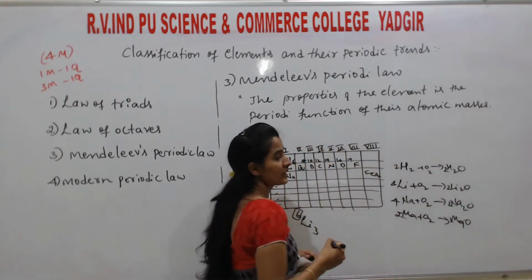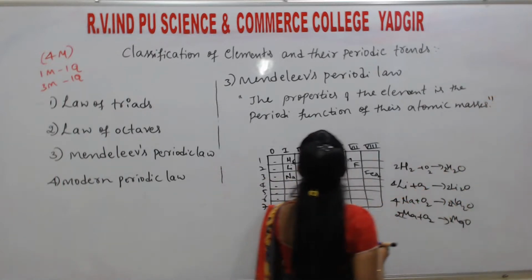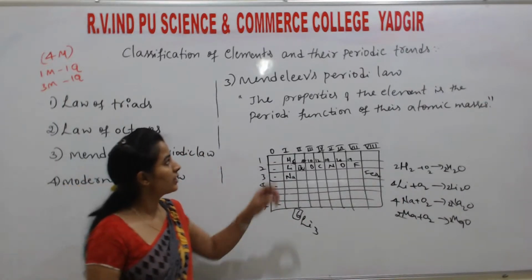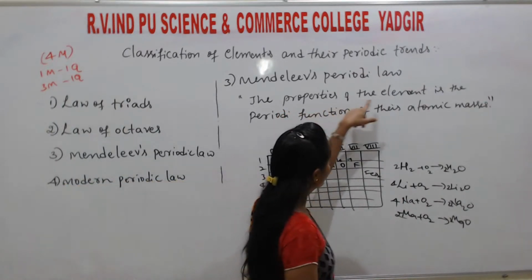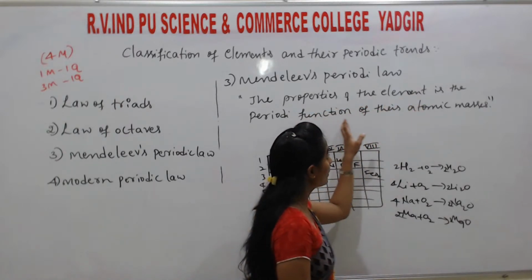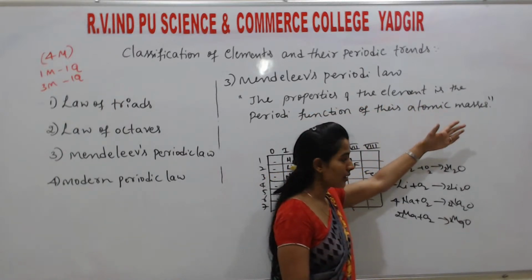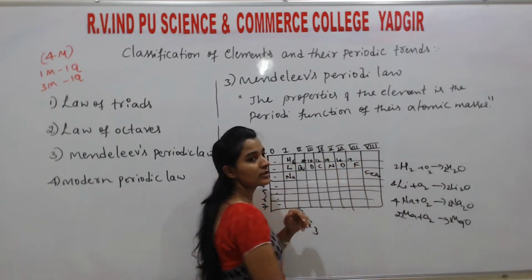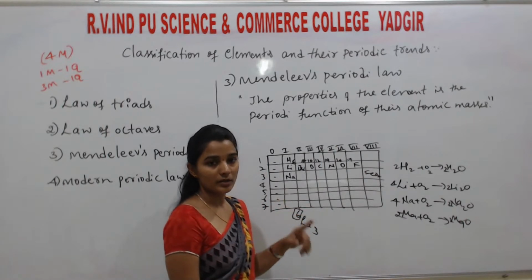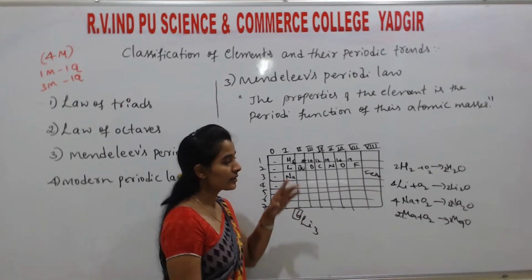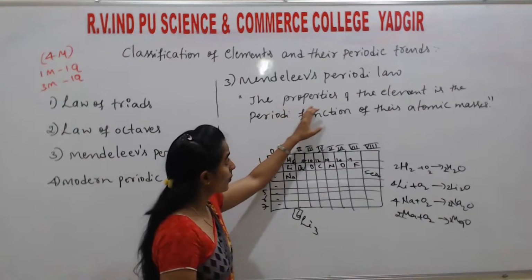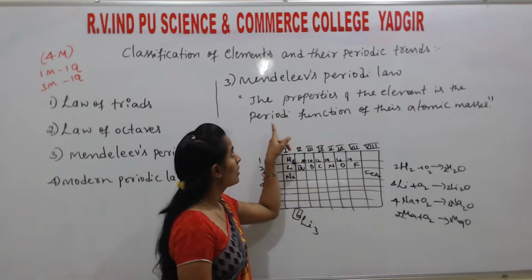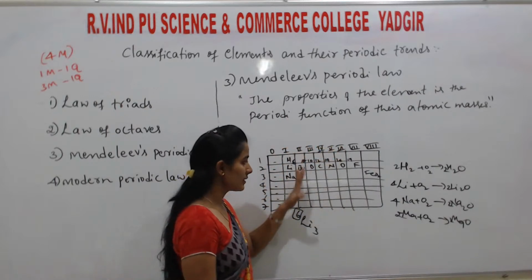This is the statement of Mendeleev's periodic law. So what it states is that the properties of the elements are periodic functions of their atomic mass. Because when we study the properties, they are arranged in the increasing order of their atomic masses. Understand? So from that, he concluded that the properties are periodic functions of the atomic masses. This is Mendeleev's periodic law, and this is the table.